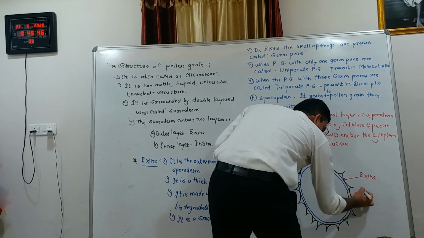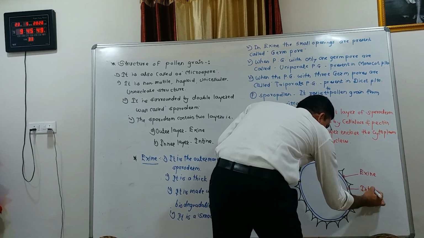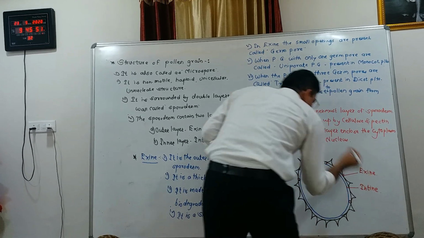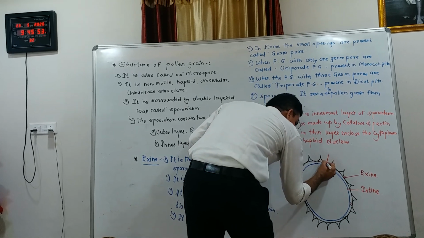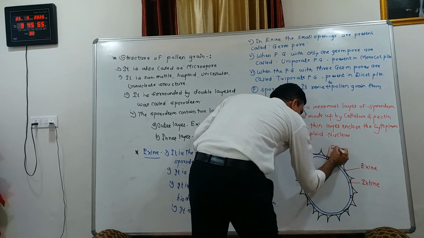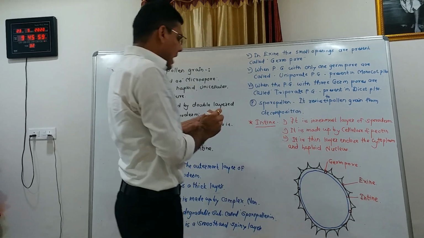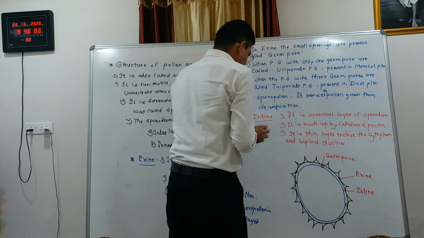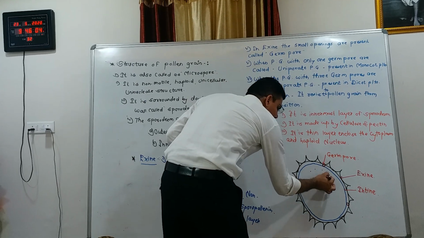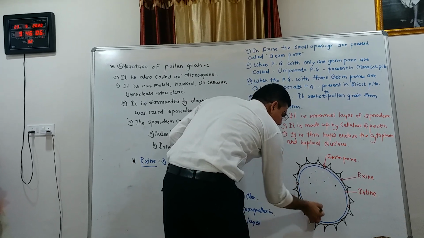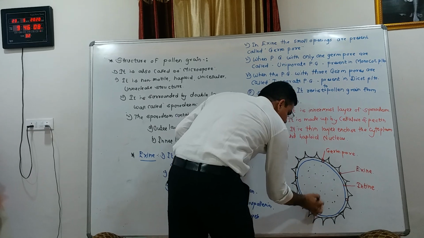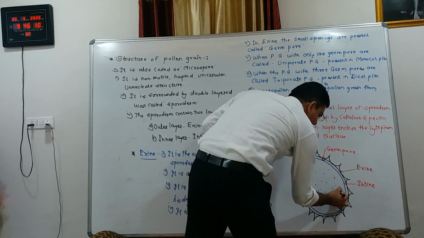This is exine. This is called intine. This opening is called a germ pore, and inside the intine the cytoplasm is present.